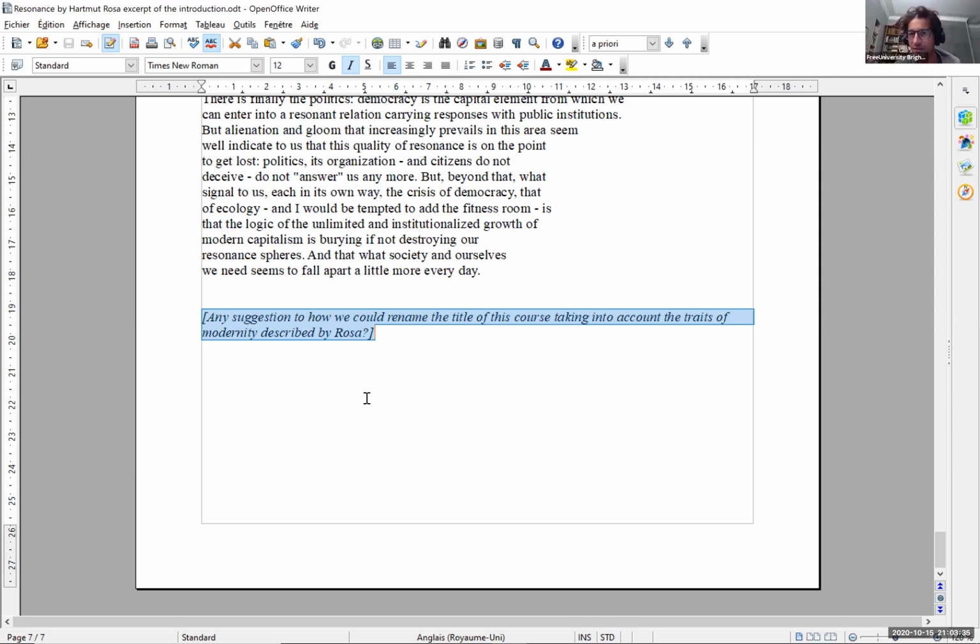Does that mean resonance is good in this case? Well, I think here it's not the concept of resonance that Rosa is building, actually, and we might have to go further into the reading to try to differentiate the one he's building from the one we may come to intuitively when we think of resonance that way.